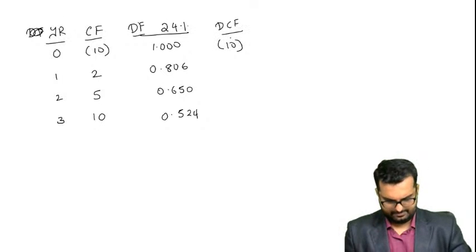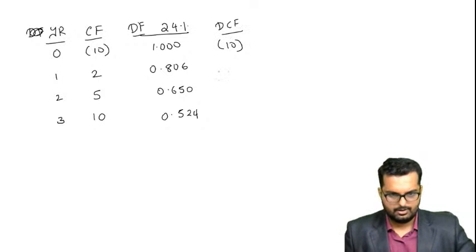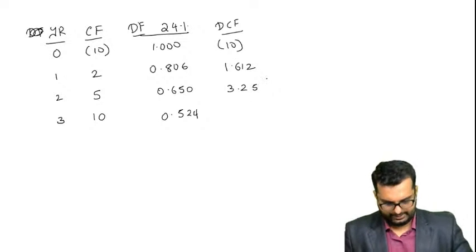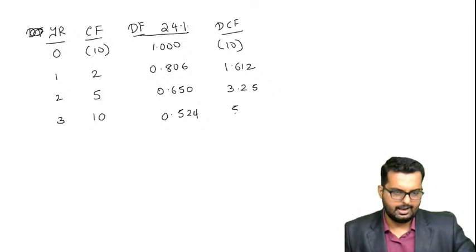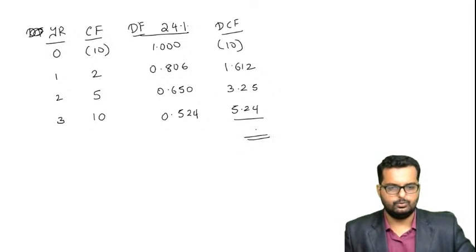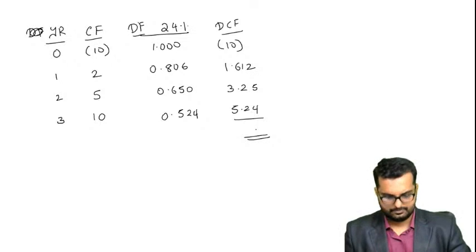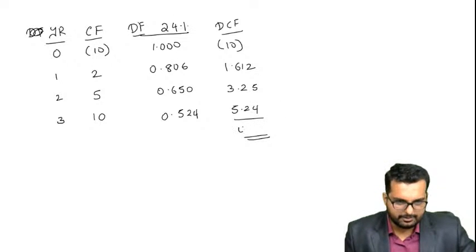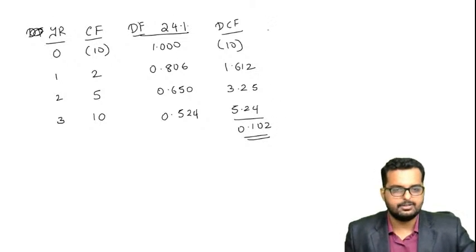Minus 10, 1.612, 3.25, and the last one would be what? 5.24. Again positive, my dear friends. This is making our life miserable.